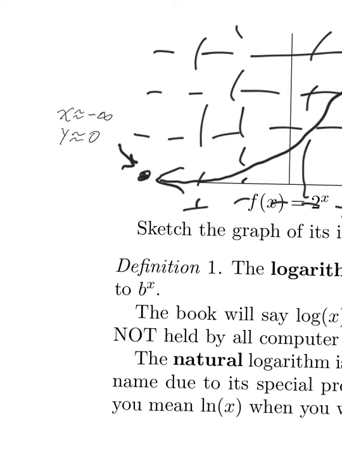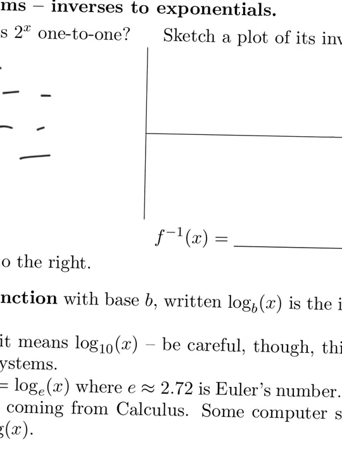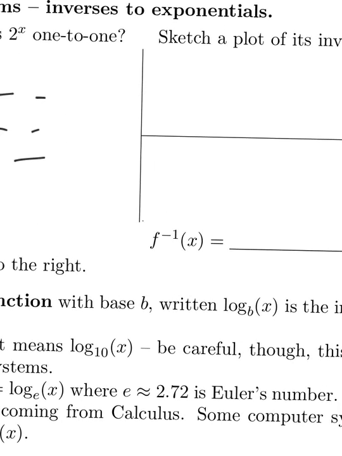That means that on the inverse function, when y is close to negative infinity, x is close to 0, but maybe I should emphasize it'll be positive. So let's go over here. That means I should see points down here where x is almost 0 and y is almost negative infinity. So there will be a vertical asymptote.